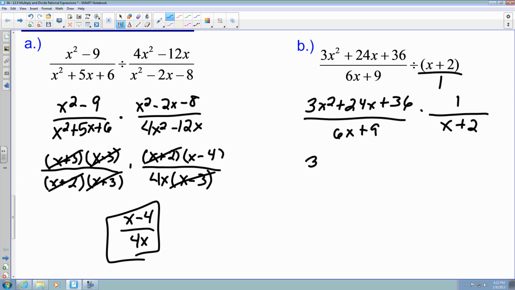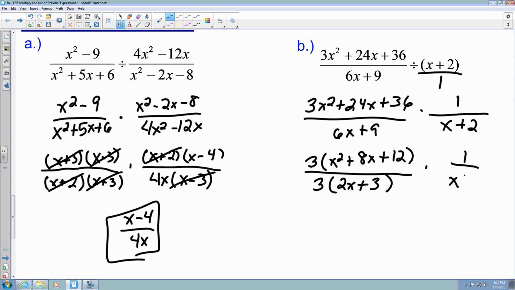So I'm going to go 3 over x squared plus 8x plus 12. And in fact, I can factor out a 3 in my denominator. So it leaves me with 3, which gives me 2x plus 3 times by 1 over x plus 2.